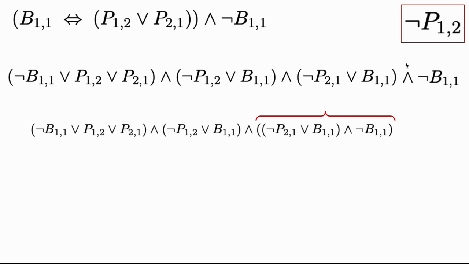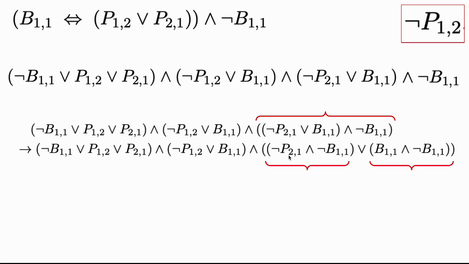We have taken this whole thing, put it inside brackets, and we will work with this. So now we can take this B11 inside, and what that will give me is not P21 and not B11. This OR operator will come over here, OR, and B11 and not B11.